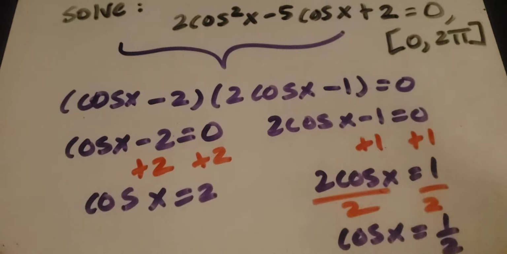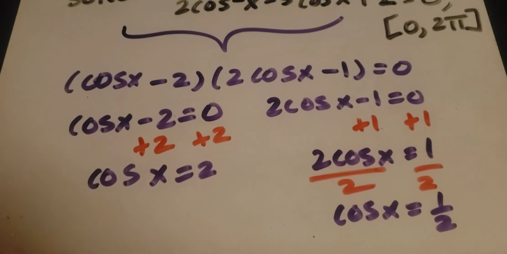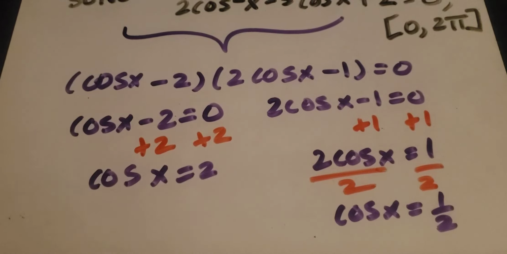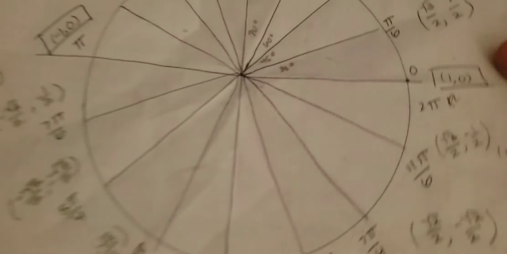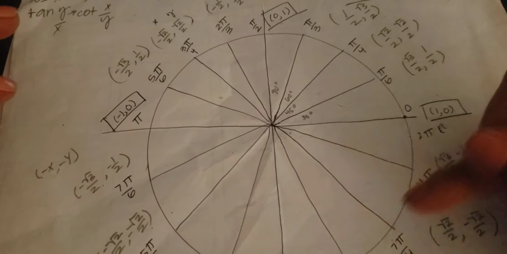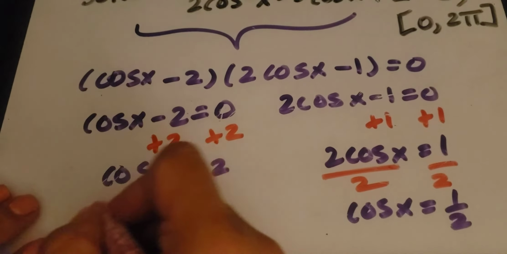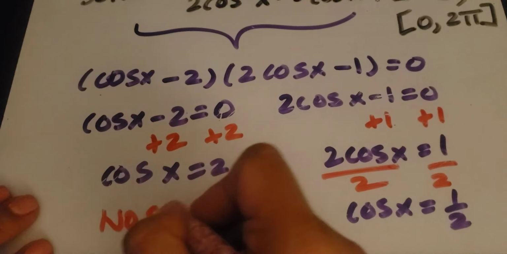I don't know why they just kept giving us cosines, but we're just working with cosines for some reason. Now I'm going to show you your unit circle. Hopefully you have most of these points memorized by now, but there is nothing on the unit circle that will ever give me a value of 2. So I can tell you right now, this one's not going to have any solution.